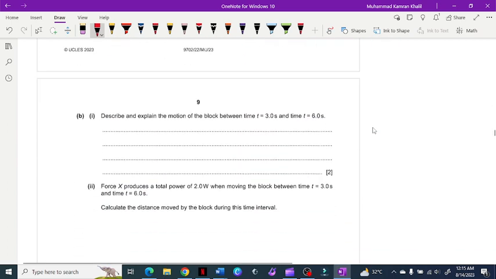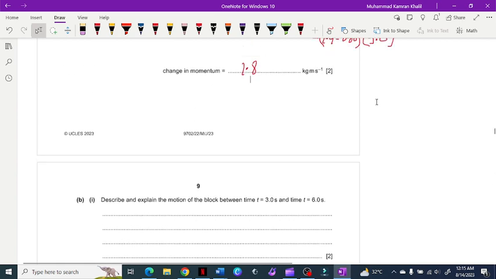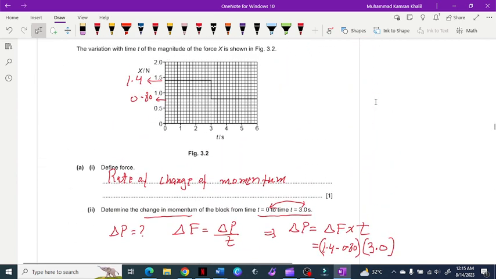Define and explain the motion of the block between t equal to 3 seconds up till t equal to 6. Now from t equal to 3 up till t equal to 6 seconds there is no change in the force. It means that the force is constant. So what we will write down: the forward force is equal to the backward force.